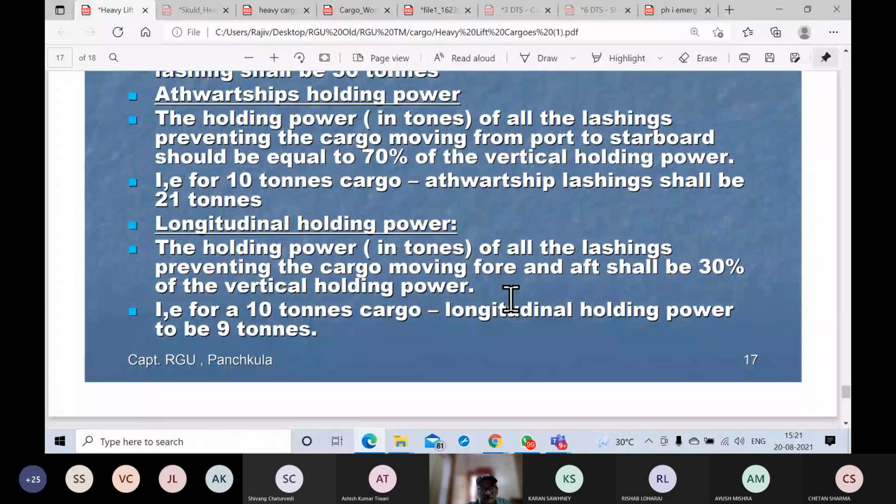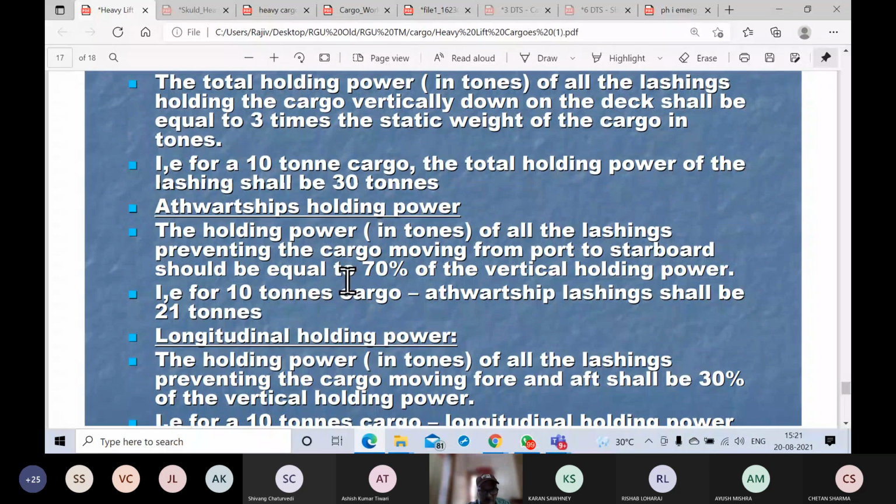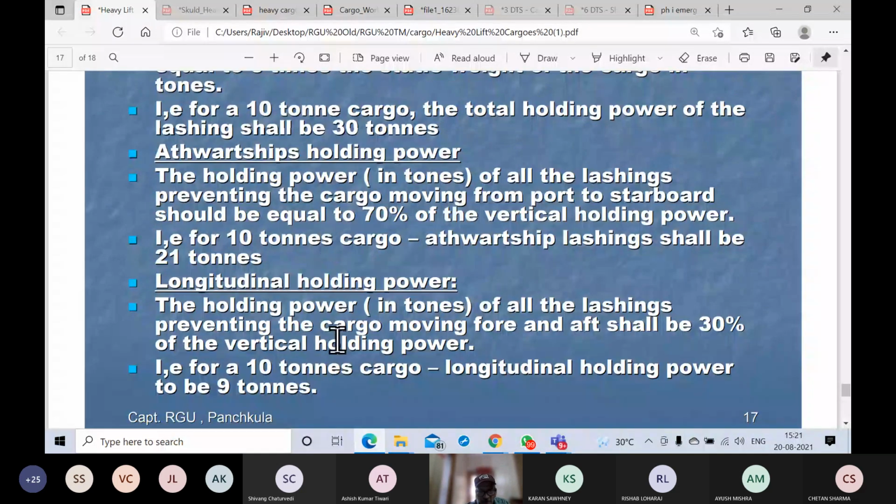Never mind. Write it down: athwartship 70% of the vertical, longitudinal 30% of the vertical holding power.